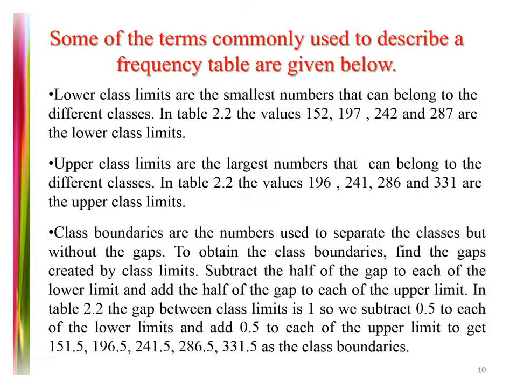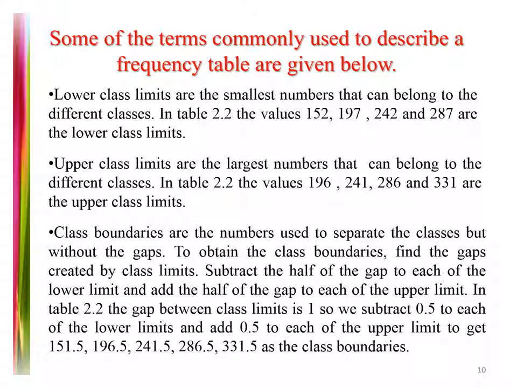And also the class boundaries calculation. First you consider any two consecutive class lower limit and upper limit. Just calculate the difference between the upper limit of one class and the lower limit of the next. Then divide it by 2, subtract half of the gap from each lower limit and add half of the gap to each upper limit.